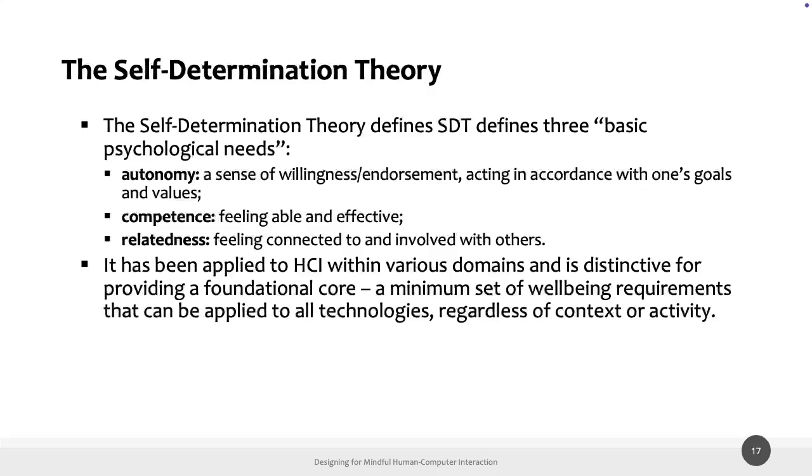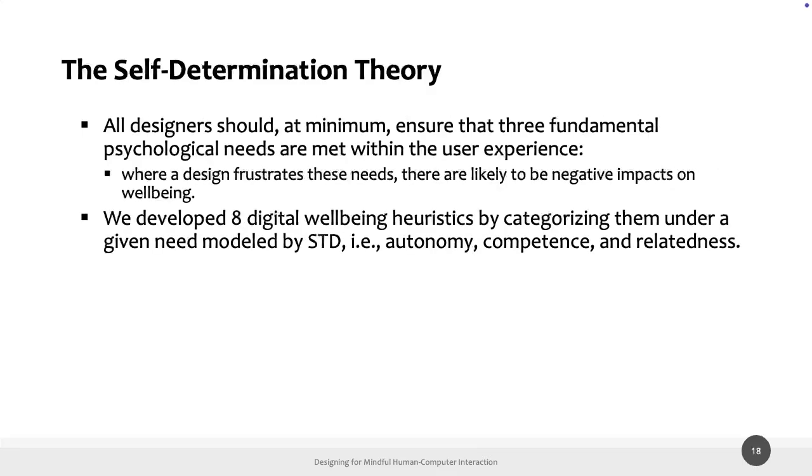We also categorized these heuristics in terms of the self-determination theory. And we have seen the details of the theory last time, so I don't want to repeat myself. Basically, we developed 8 heuristics categorized under, again, autonomy, competence, and relatedness.